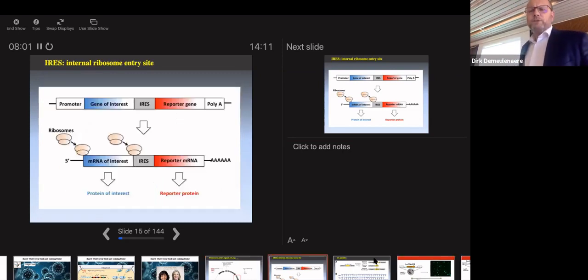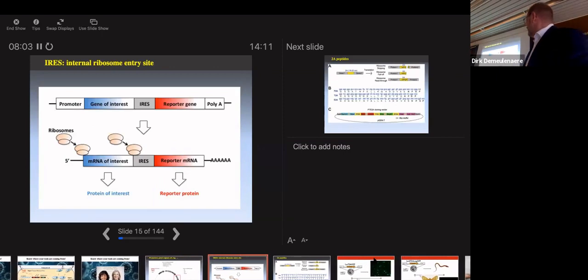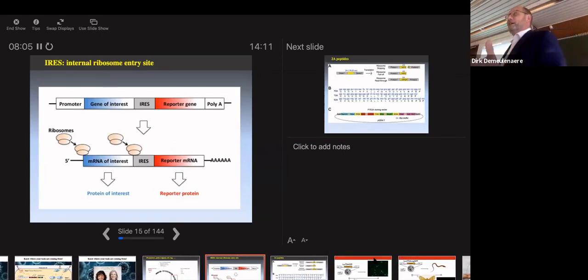More interestingly, IRES. And again, if I ask you what's an IRES, you will all answer it's an internal ribosome entry site. Then if I ask you where is it coming from, it's more difficult. And it's actually a sequence that has been identified in 1988 by Sonenberg as a site where ribosome can be recruited in a cap-independent manner.